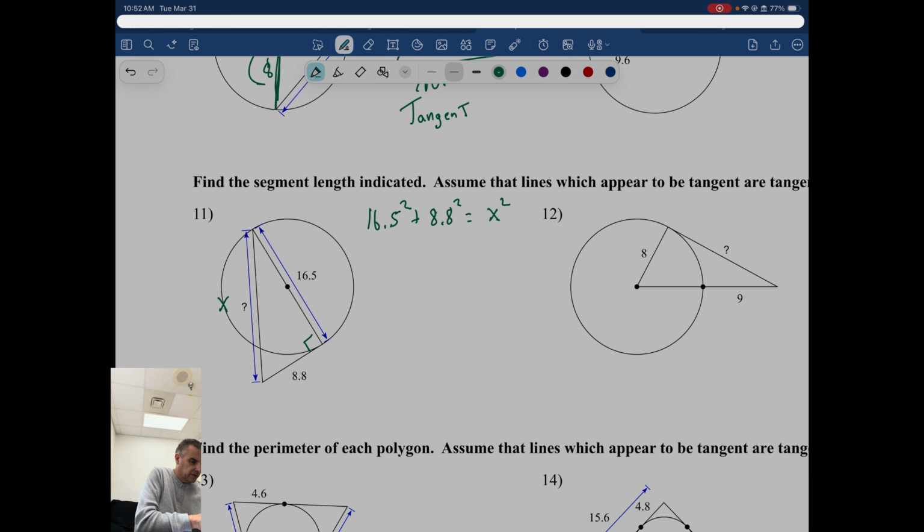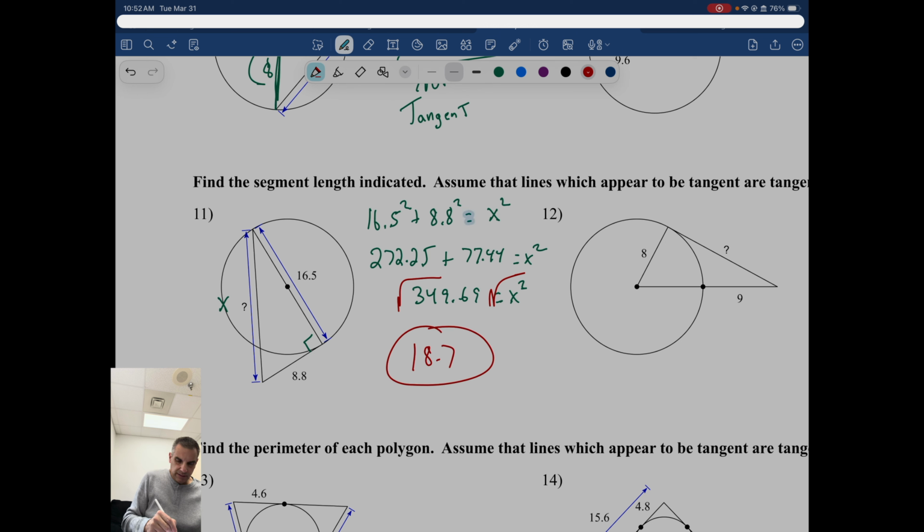So 16.5 squared, that's 272.25. 8.8 squared is 77.44. That's equal to x squared. Add those two together. You get 349.69. That's equal to x squared. Take the square root. Round to the nearest tenth. 18.7 units. 18.7.